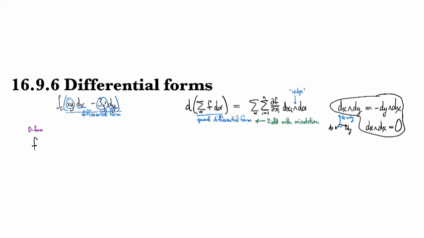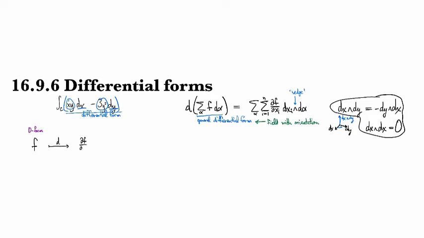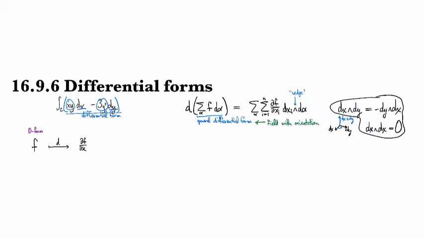Okay, so then we take d of f. So we apply the differential operator d, and we get df. So what does it say to do? So just going back here, it says, okay, we're going to take the sum of partial derivatives and now tacked on with a d corresponding to whatever we're differentiating by.